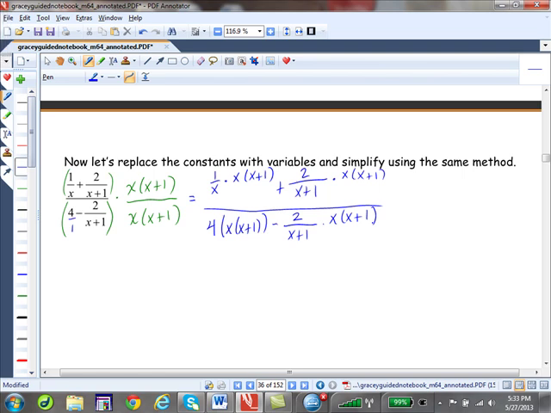So this is just the distributive property, right? The 1 over x multiplies to that quantity, and then the 2 over x plus 1 multiplies to that quantity.